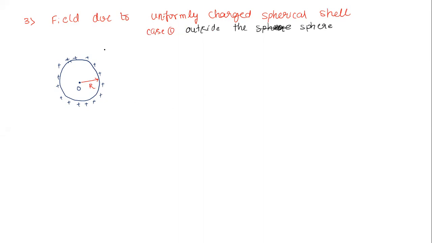Let's say some point here, the point P. This point P is outside the sphere, at a distance small r, where small r is greater than capital R. Means it is outside the sphere.